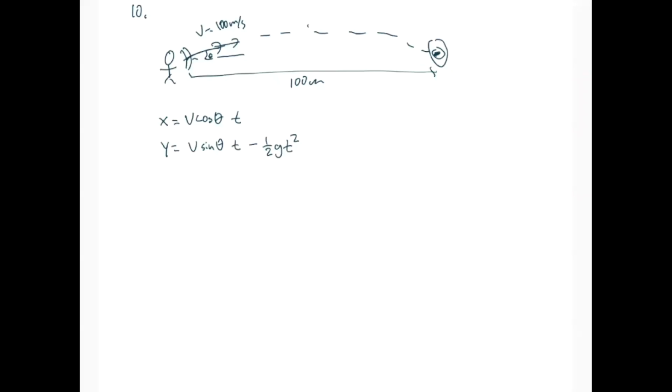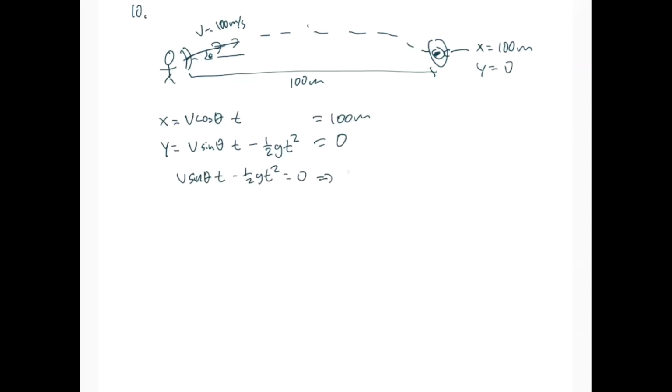All right. And what happens at this target? Well, at this target, x equals 100 meters and y equals 0. So we'll have a system of equations to solve. If we solve y equals 0, first of all, this just gives us v sine theta t minus half gt squared equals 0.